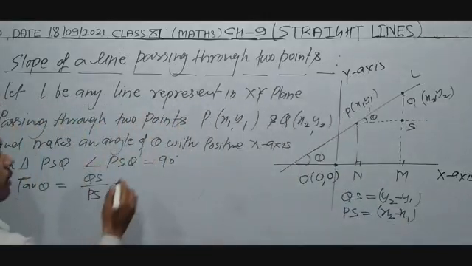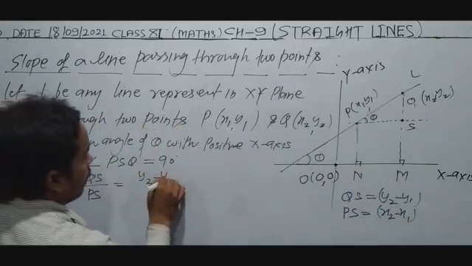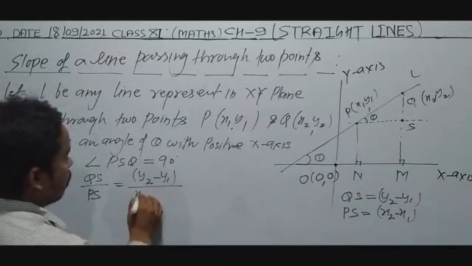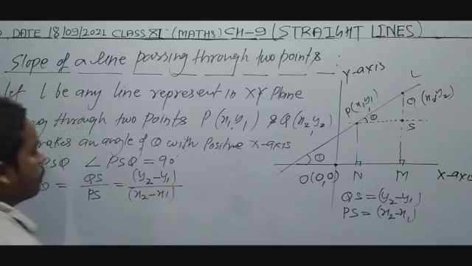Now tan theta is y2 minus y1 whole upon x2 minus x1.